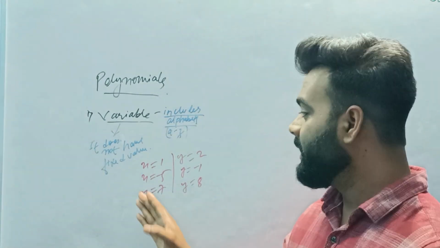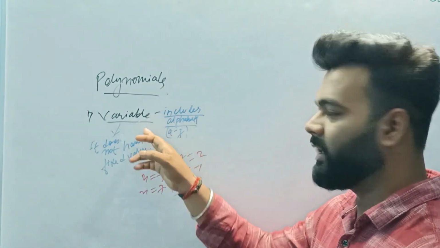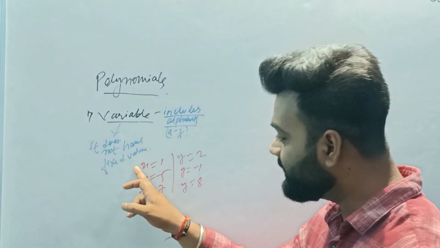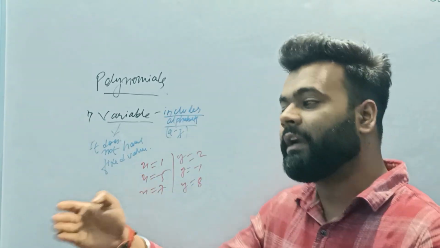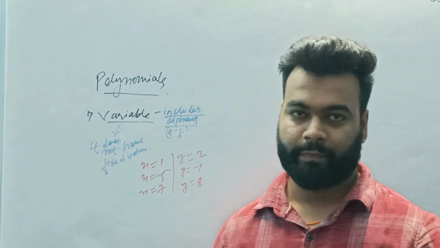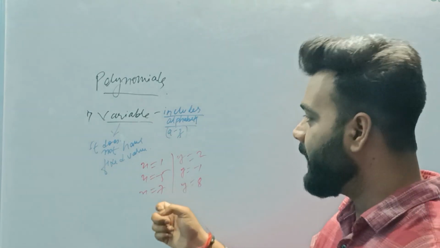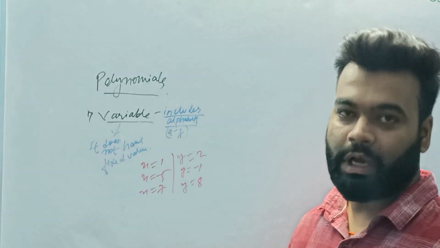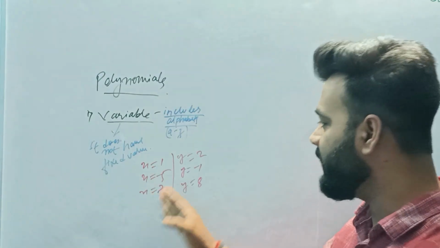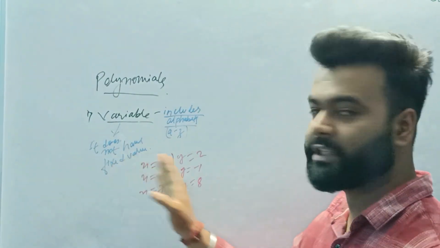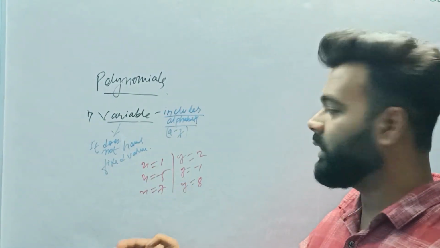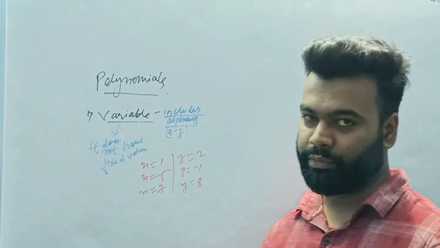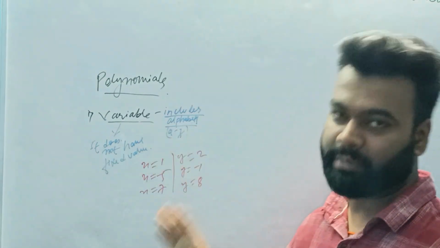This shows that all the alphabets are variables and the same variable can have different values in different positions. That is why variables don't have a fixed value. In every position the same variable can have different values. That is why they are known as variables.